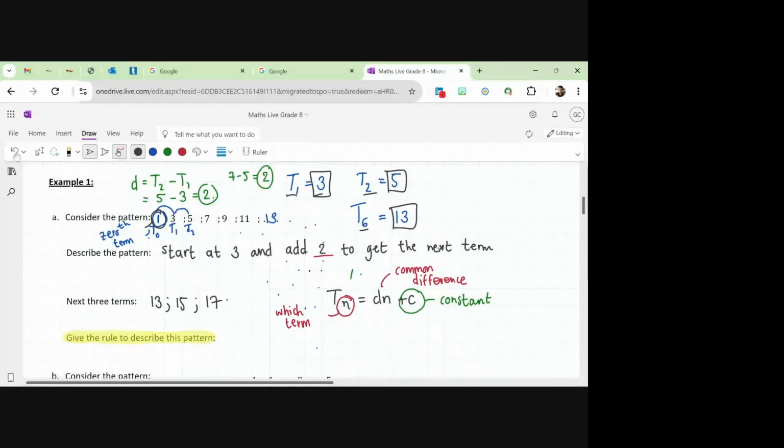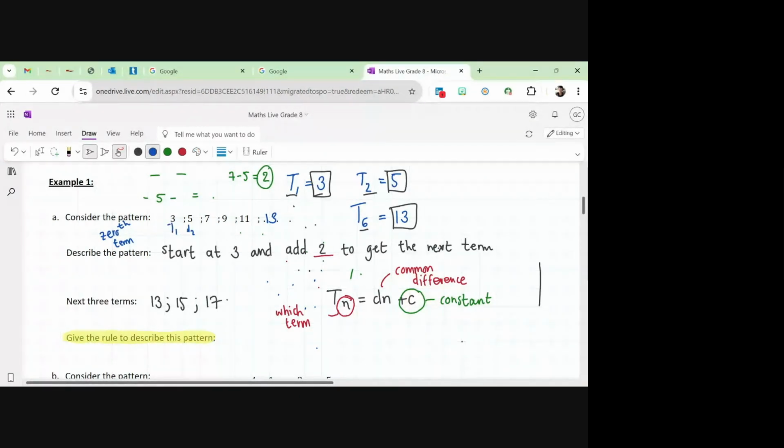I know it sounds complicated, but let me show you what happens when we put all of these things together. If we look at our sequence, I'm writing a lot. I feel like I'm muddying up the screen. We know that the number 3 is our first term.